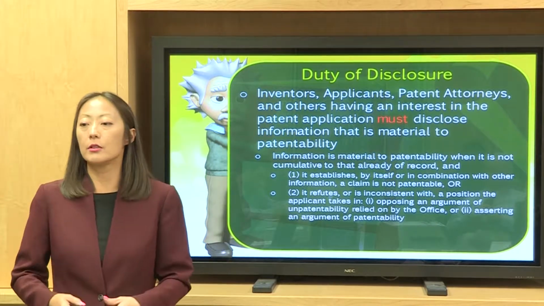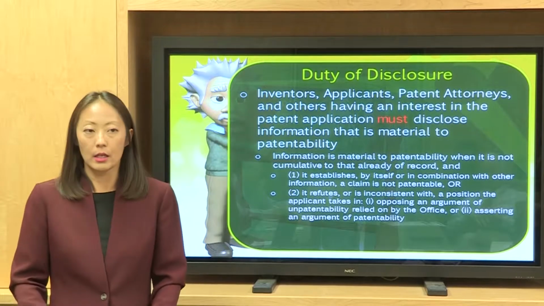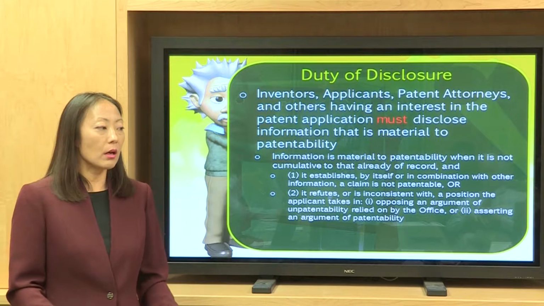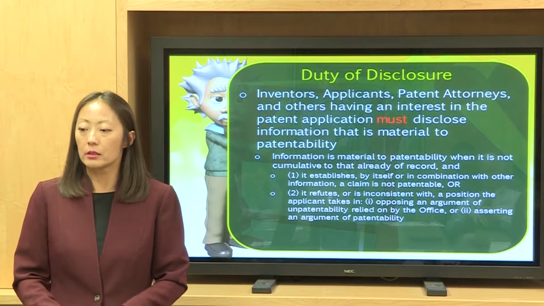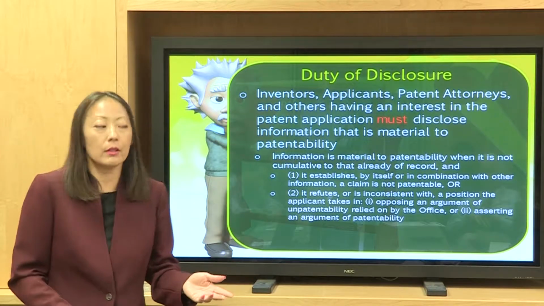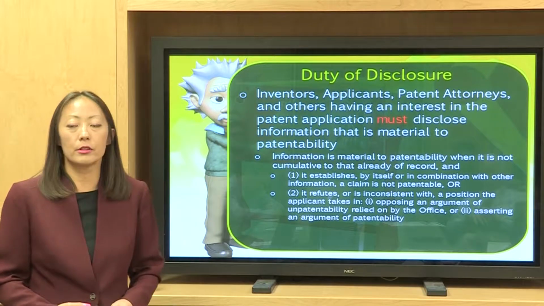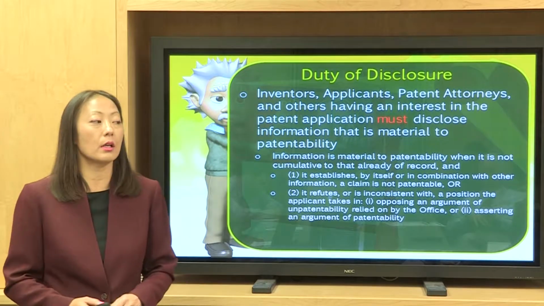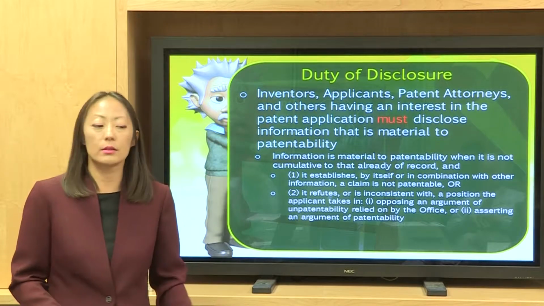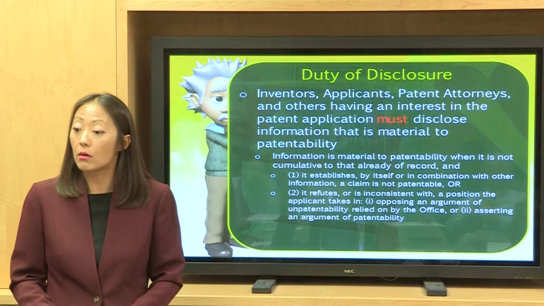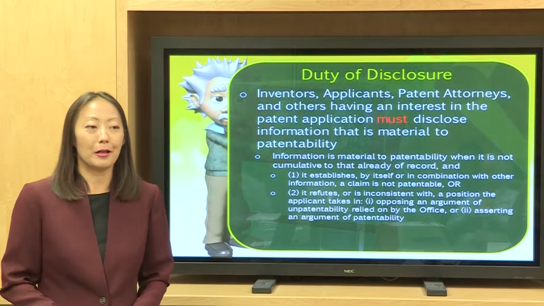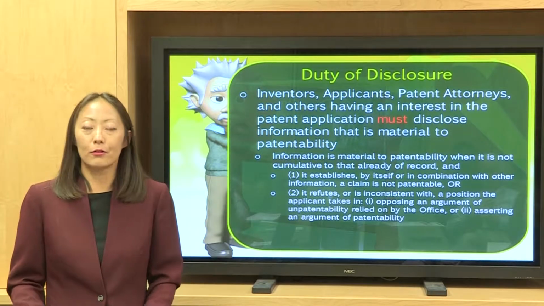This means that we have to be upright with the patent office to tell them about what prior art is out there, what information might be material to patentability, meaning perhaps it's questionable whether there is sufficient enablement, that there are issues, and that is in some reference that we need to disclose to the patent office, because if we don't, the patent that eventually issues could be basically killed, voided.